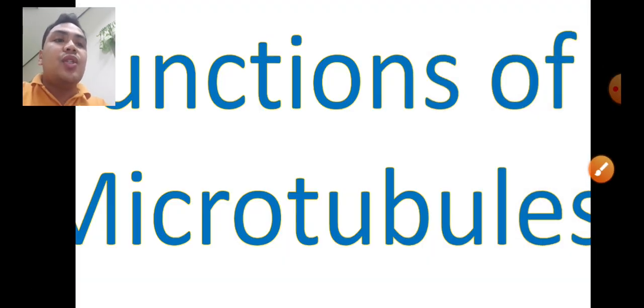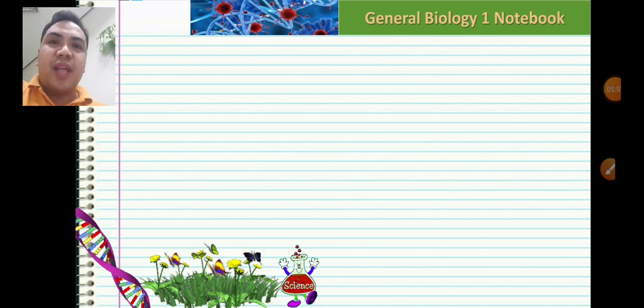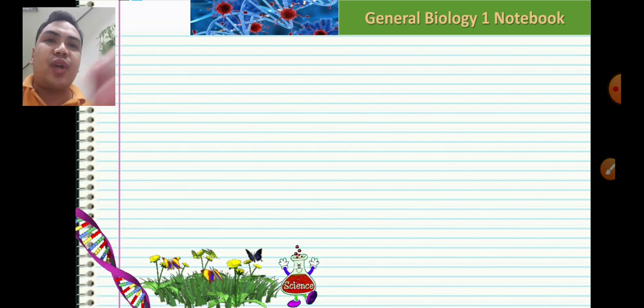Okay? So in addition to that, we will proceed to the functions of the microtubules. So at this point, let's try to discuss the different functions of the microtubules. So first, let's try to enumerate these functions. So let's have number 1.